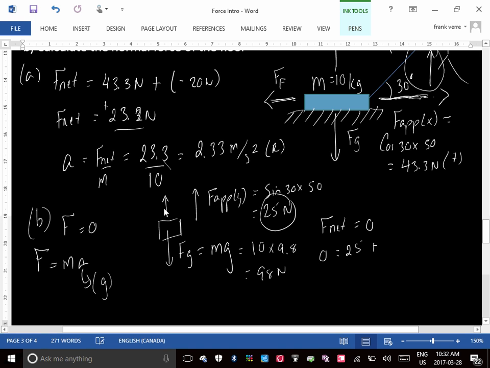We have another force acting up, which is the force of the, now I'm going to call it Fn. Now Fn is something that we will investigate more. It's called a normal force, and that's the force exerted by a surface. Okay? It's just a label.